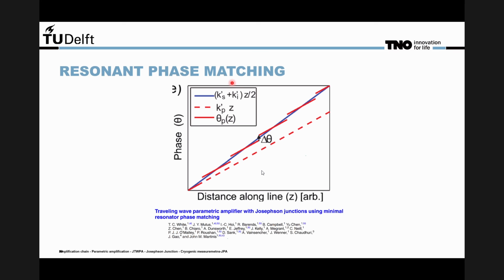A TWPA is a Josephson traveling wave parametric amplifier, and it is basically the device I made for my master thesis. I think I can answer both questions at the same time.